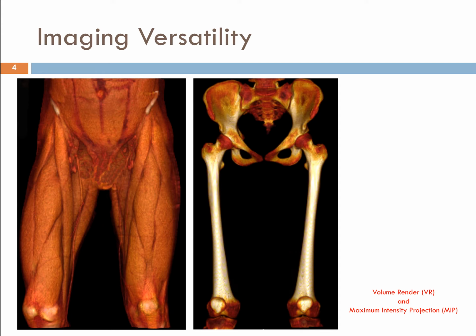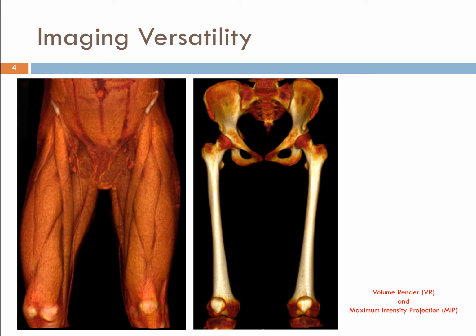The versatility that comes with being able to image the patient in their entirety can't be understated, and a lot of work is going on presently in developing algorithms and techniques so that you can do what I've shown you up on the screen here. You can look at the soft tissues, the architecture of the muscular system, and then the bone architecture in the one acquisition.